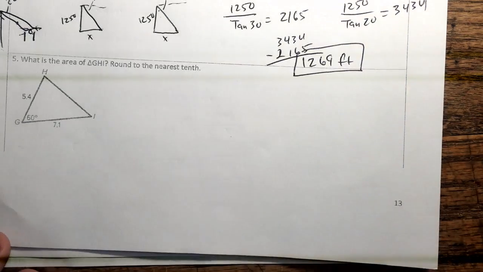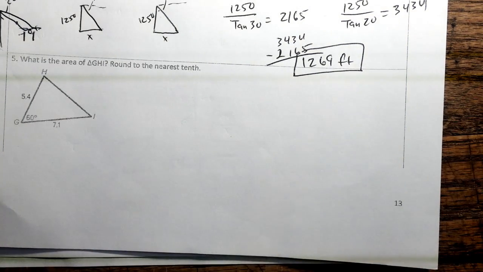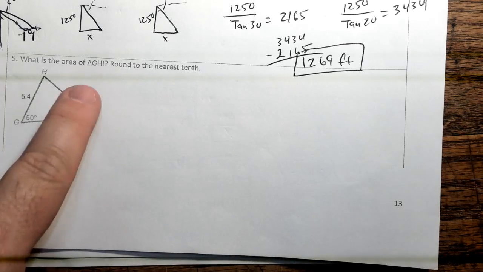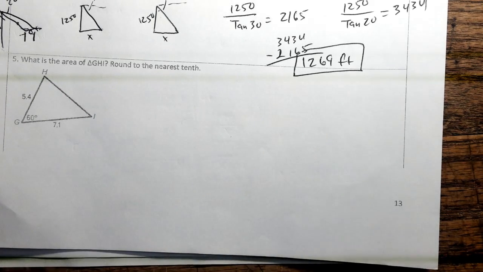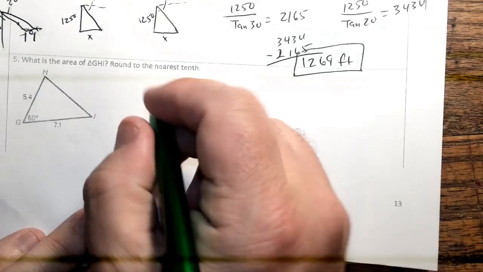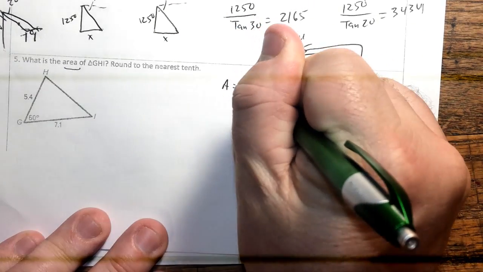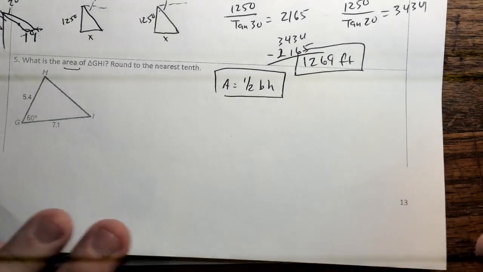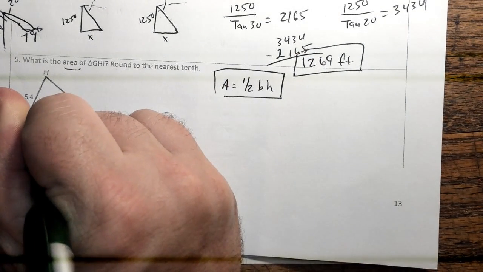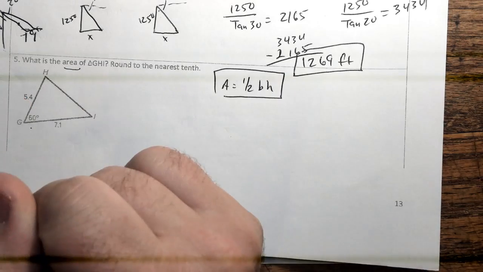All right, number 5. Finishing up trigonometry. What's the area of GHI rounded to the nearest tenth? So remember, area of a triangle is 1/2 base times height. This is our base. Let's see, how are we going to do this?